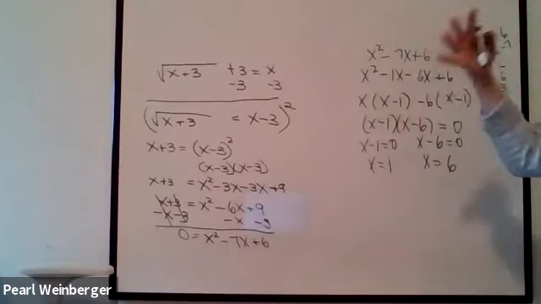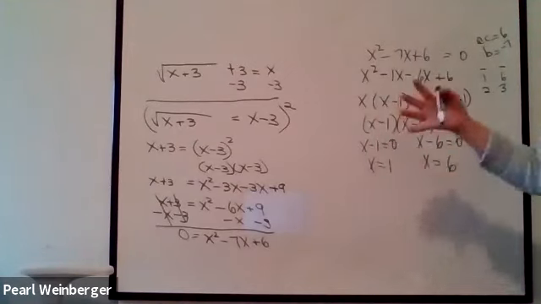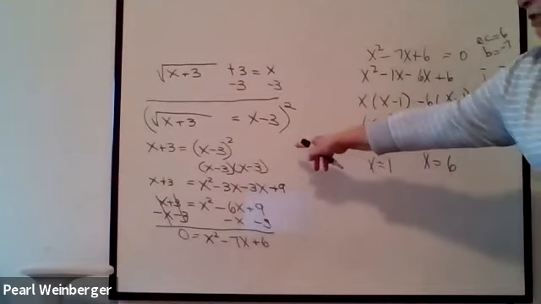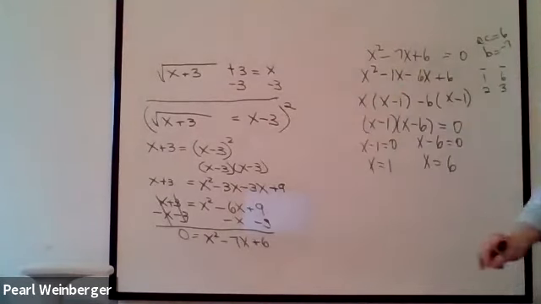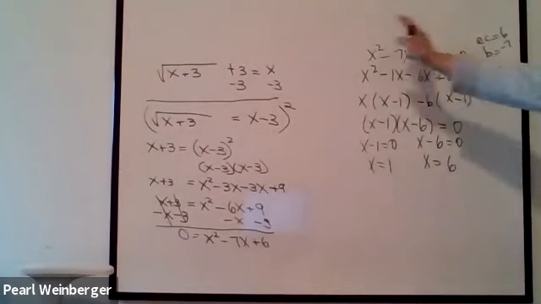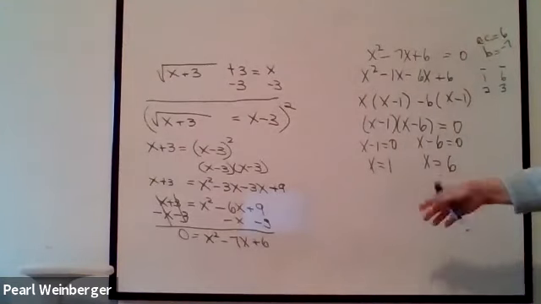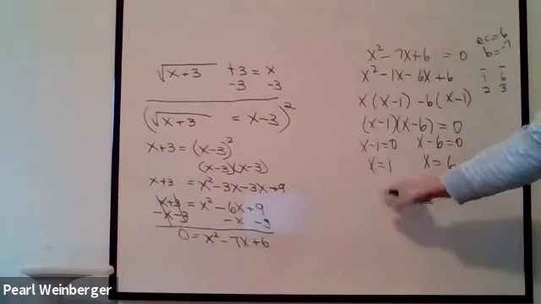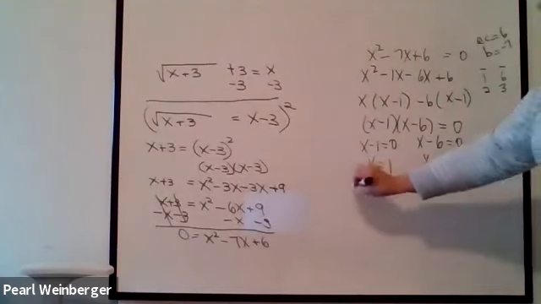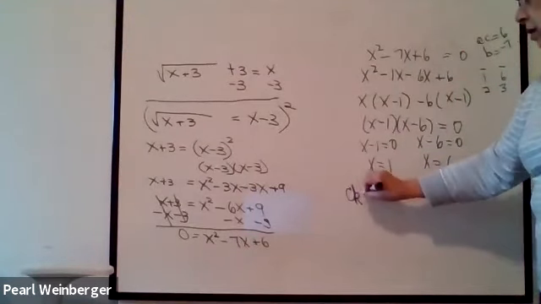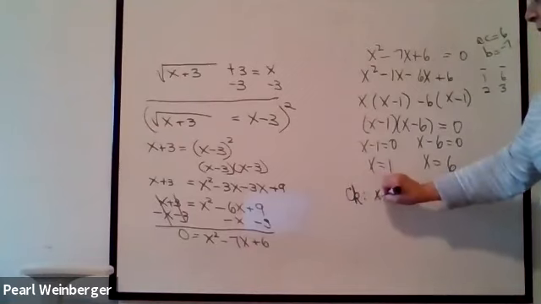If you notice, this is a lot more work involved when this becomes a binomial that we have to square. It makes it into a much more complex problem. But don't forget, it's a radical equation, so we have to check. So checking with x equals 1.